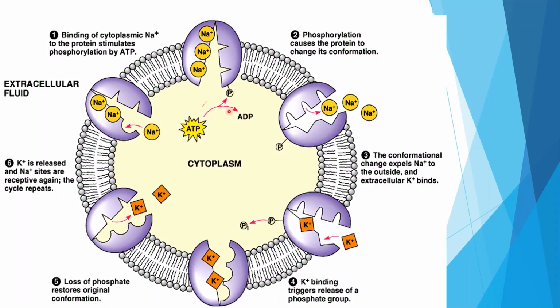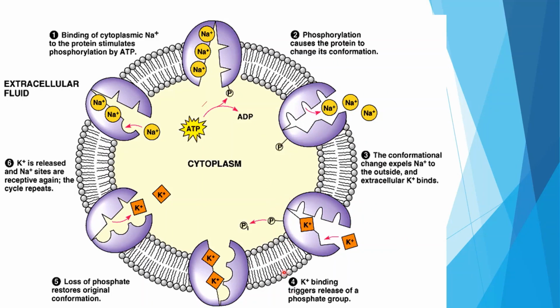The inorganic phosphate binds and phosphorylates the transport protein. So the transport protein undergoes a conformational change and the 3 sodium ions are released to the outside of the plasma membrane. As the 3 sodium ions are released, 2 potassium ions from the extracellular fluid bind to the carrier protein.